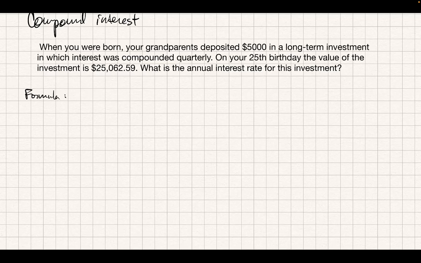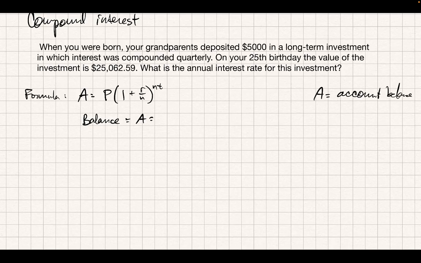What is it? A equals. What does A mean? A is the account balance. Then A equals P times parenthesis 1 plus r over n parenthesis to the nt.